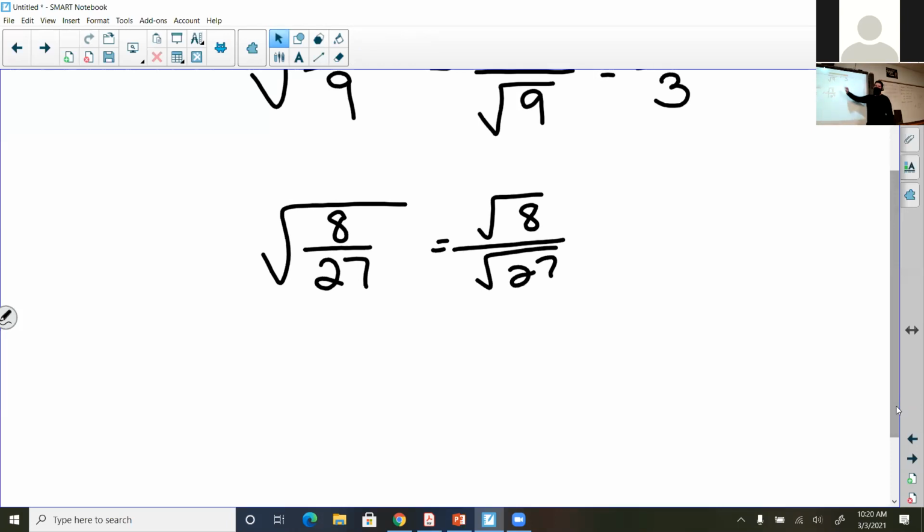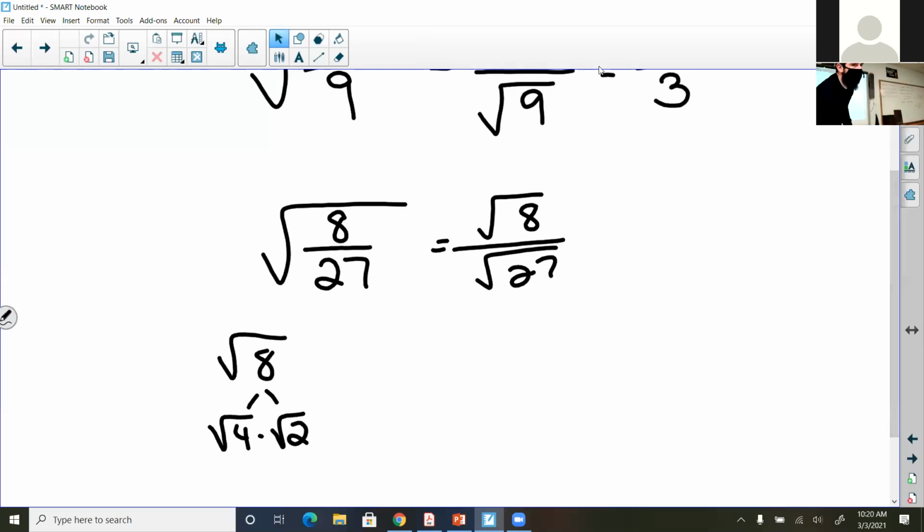Now, if I were just to simplify the radicals, I know that the square root of 8 is going to give me the square root of 4 times the square root of 2. And I know the square root of 27 is going to be the square root of 9 times the square root of 3.